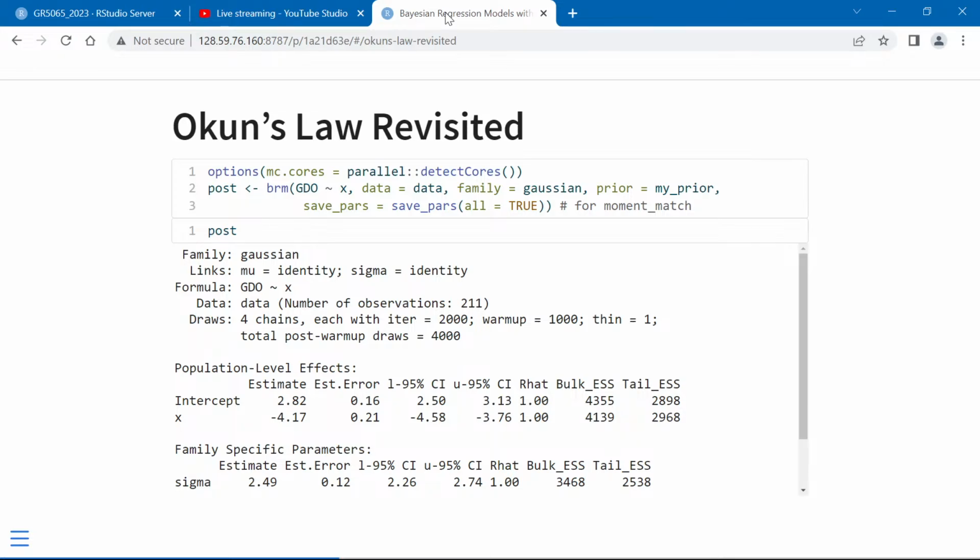You have the l-95% CI and the u-95% CI. Those are the bounds of the so-called credible intervals, even though they're made to sound as if they are confidence intervals, for people such as psychologists who really like what they think confidence intervals are, but what they mistakenly think confidence intervals are are Bayesian credible intervals.